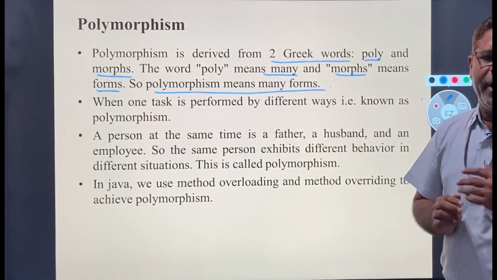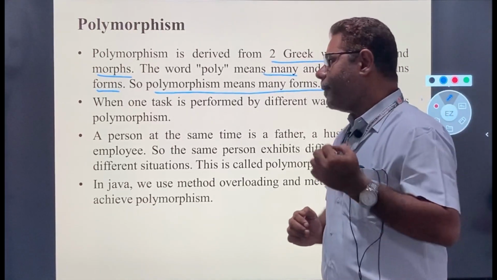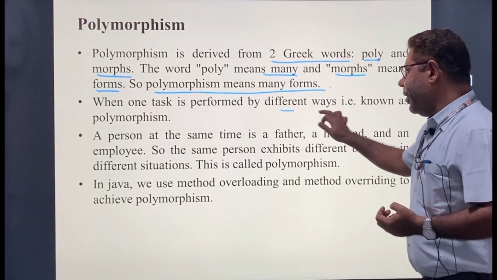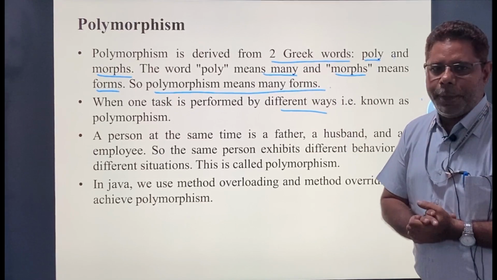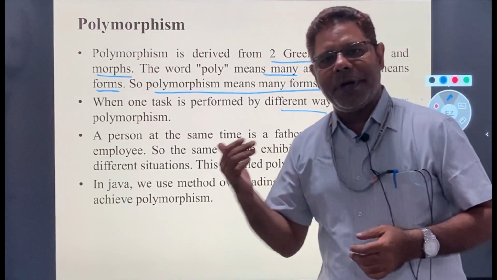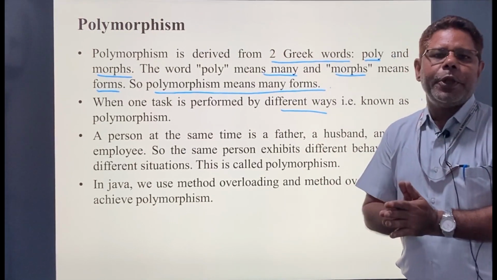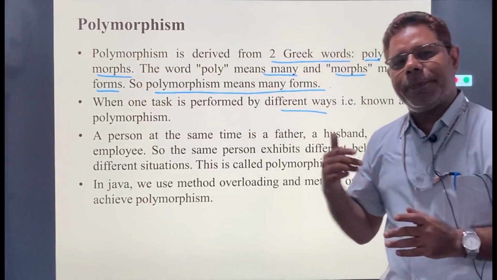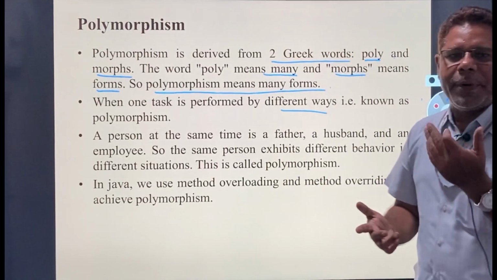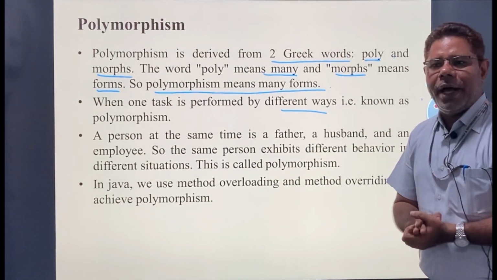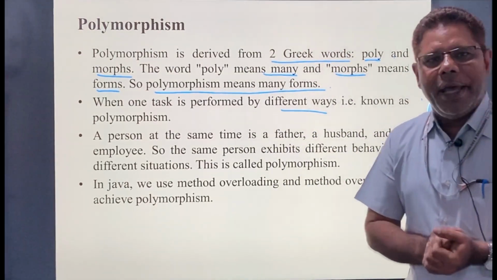So what is polymorphism? One task performed in different ways is called polymorphism. For example, we want to travel from one place to another place. One person uses a car, another person uses a bike, another follows the train, another uses an aeroplane.